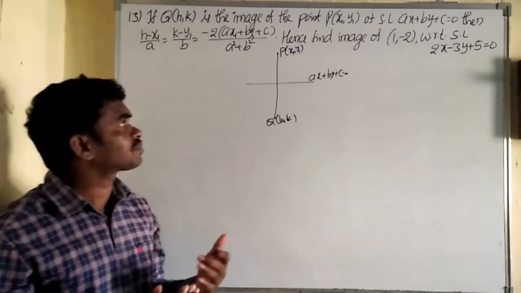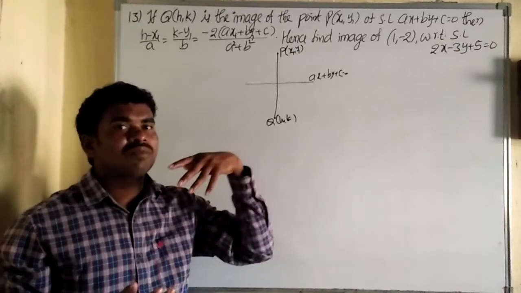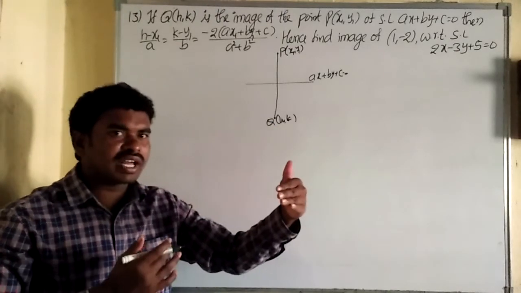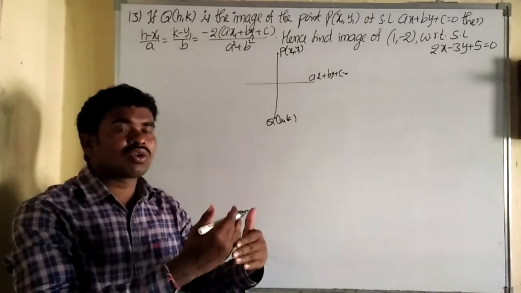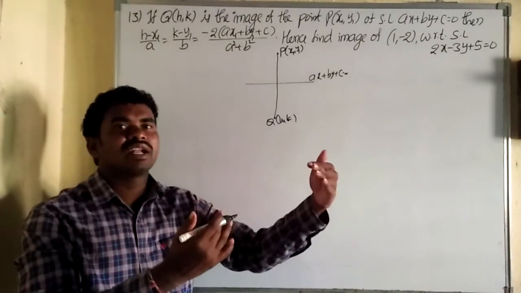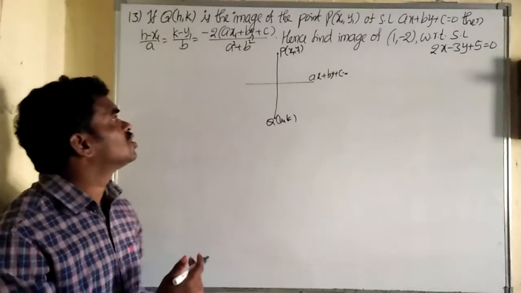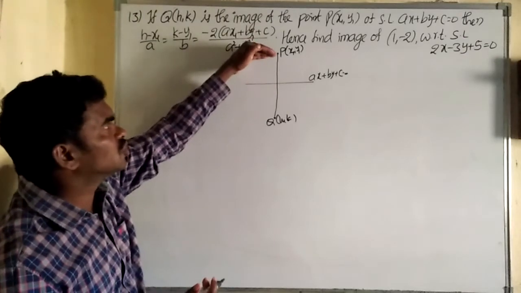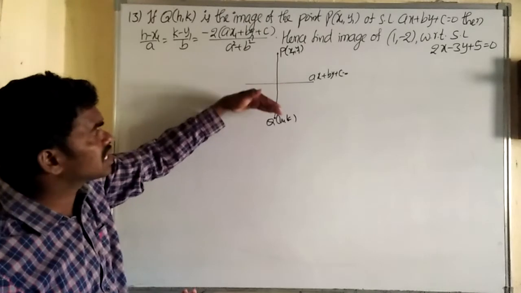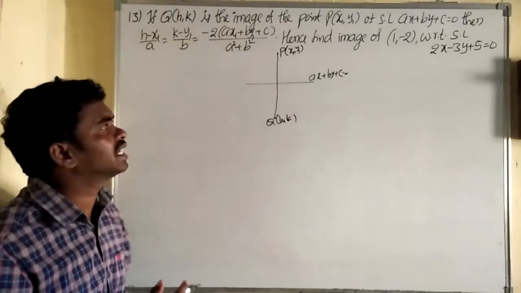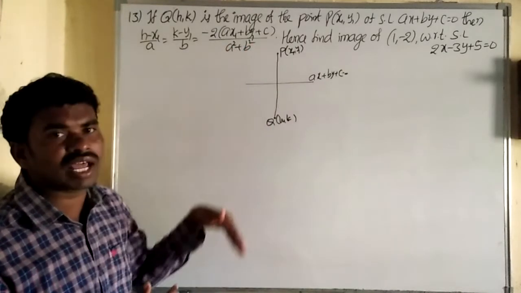Suppose we see our face in the mirror, we appear at the same distance from the mirror as we stand. Like that, if P is a point, at the same distance from the line on the other side Q will be located. So here Q is not on the line.